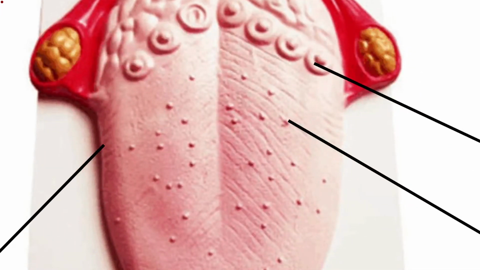These are called papillae, and the ones in the back here are circumvallate papillae. The ones that are medium sized and scattered all over the tongue are fungiform. And the ones that are the ridges on the side of the tongue are called foliate.